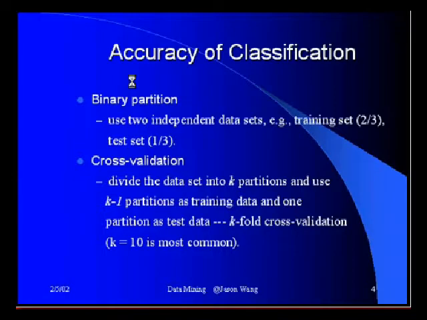There are several strategies to evaluate the accuracy of classification. I give you two strategies here, but there are numerous other strategies. In fact, the second strategy, cross-validation, is the strategy we use most frequently in our research to evaluate the accuracy of a classifier.